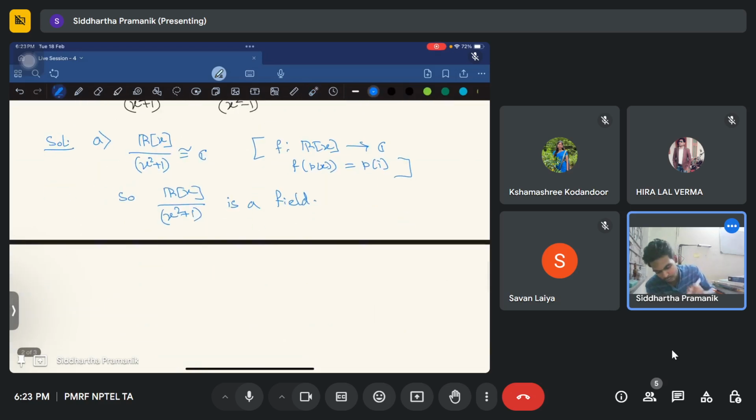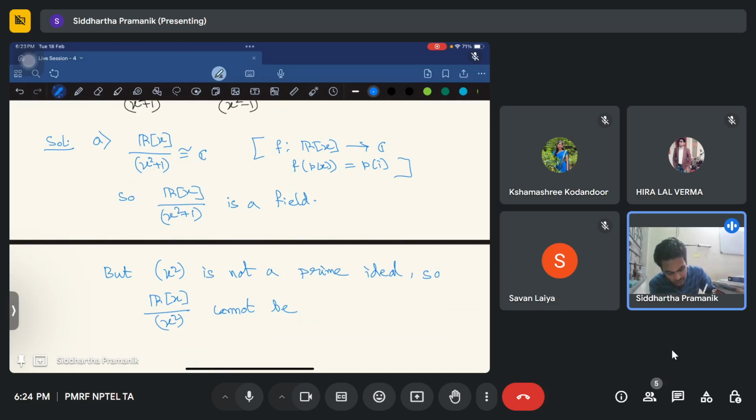Let me write: x squared is not a prime ideal. So R[x] mod x squared cannot be a field, because this is not a prime ideal, so it cannot be a maximal ideal, so the quotient cannot be a field.